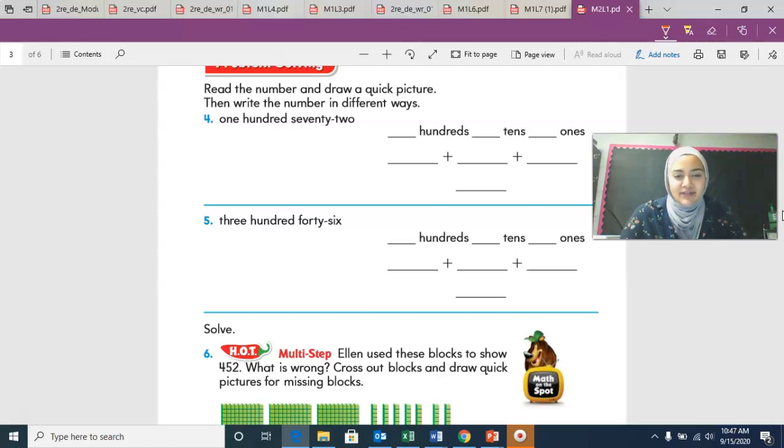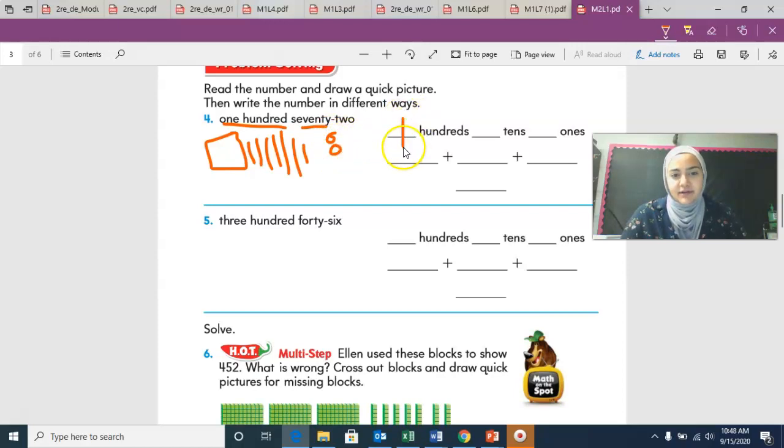So 172, that's 100. 70 is the same as 7 tens. 3, 4, 5, 6, 7, and then 2 ones. 1, 2. So how many hundreds are there?